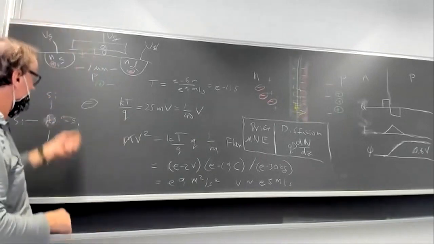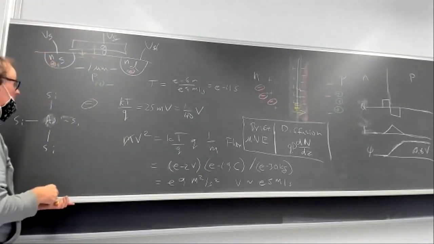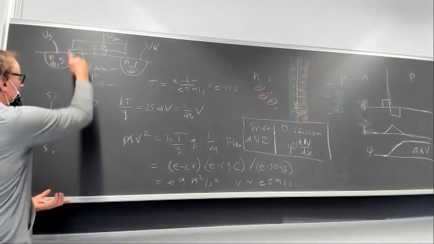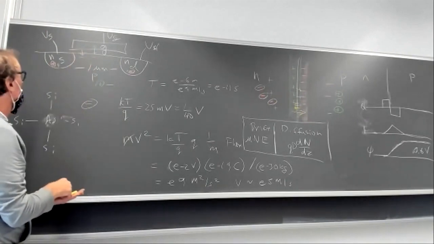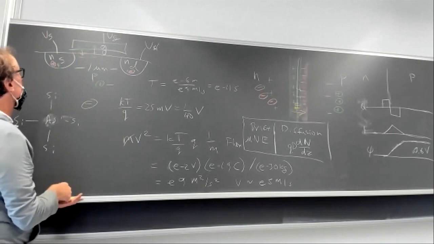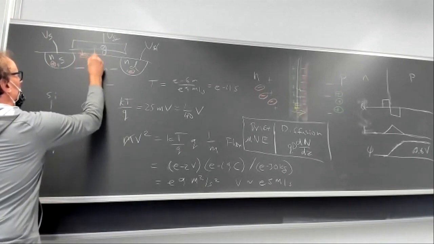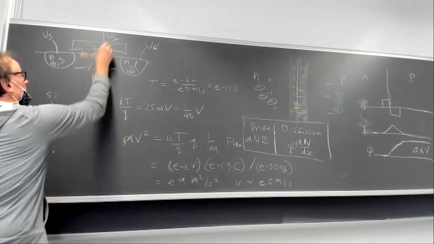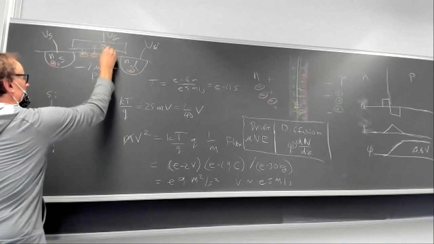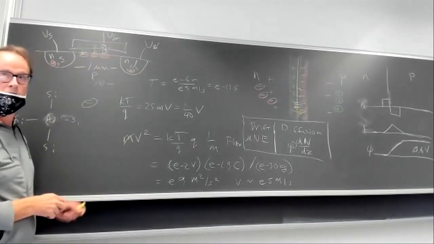Now it becomes energetically easier to not push away this charge, but instead induce mobile electrons at the surface. Every time you put another charge on here, you actually get a mobile electron. It comes from the source. That's the strong inversion region.